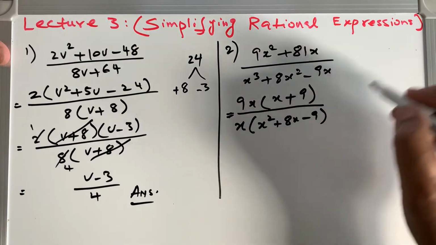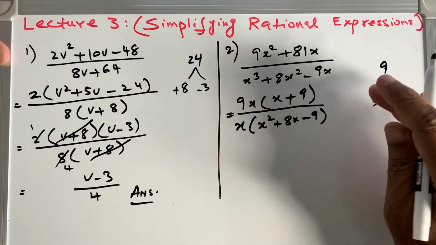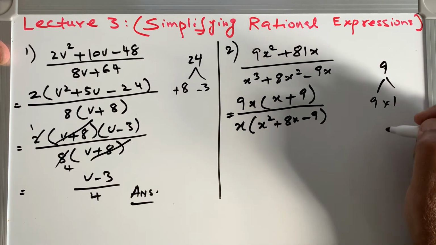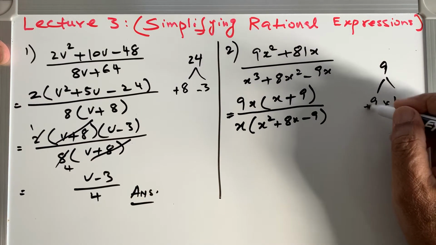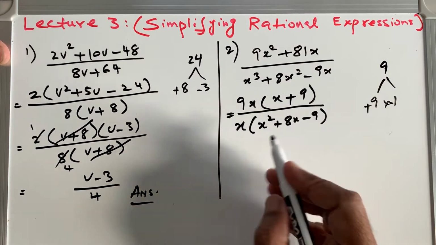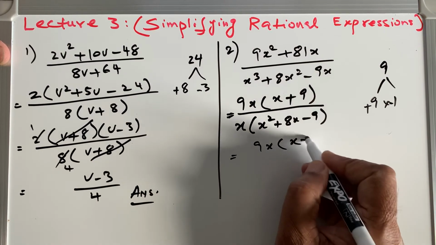So again 9 can be 3 3s are 9 or 9 1s are 9. 3 3s are 9 is not workable for us, but 9 1s are 9 is workable for us, because if I make this plus and this minus, I have 8x, right? So I will write like this, x plus 9.